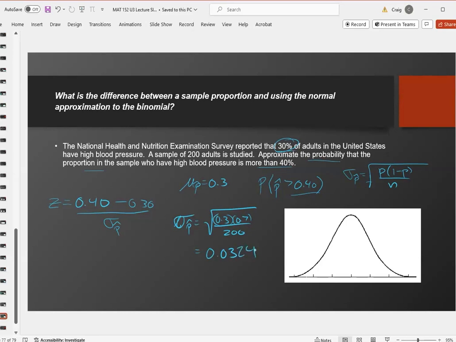That's 0.0324. Okay, so now we can finish finding our z-value. The sample proportion you're asking about, more than 40%, minus the expected proportion, divided by 0.0324. That gives 3.086.